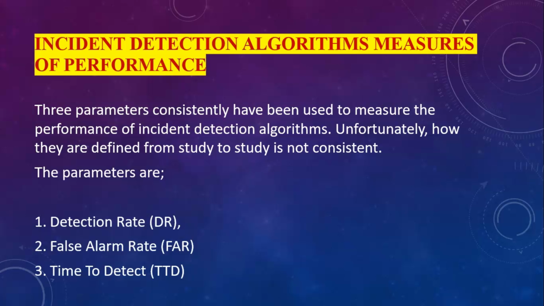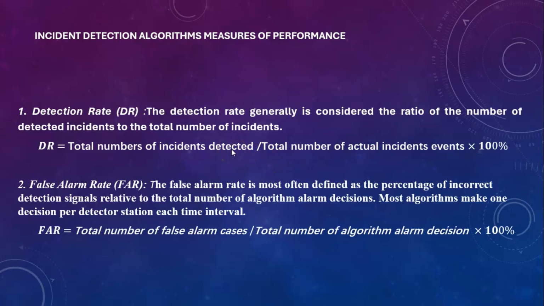Now, the detection rate, like I said, is the proportion of actual incidents that are correctly identified by the algorithm. So the detection rate generally is considered the ratio of the number of detected incidents to the total number of incidents. What I am trying to say is, for any algorithm that is being deployed, the percentage of the number of incidents detected over the total number of actual incidents that occur is what we call the detection rate.